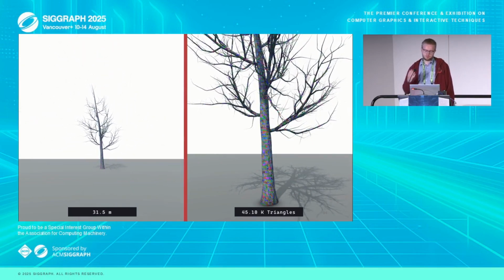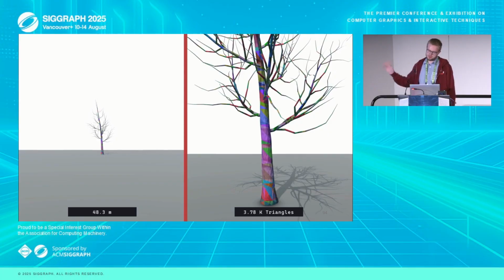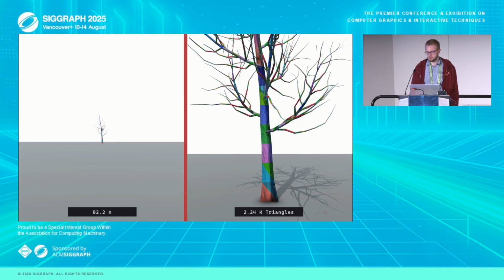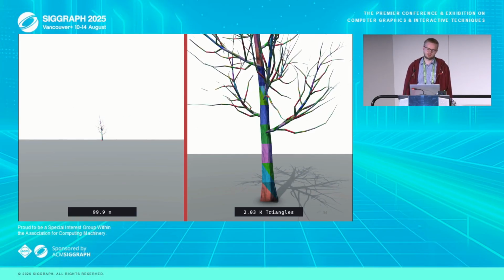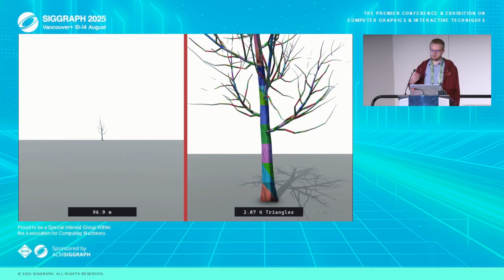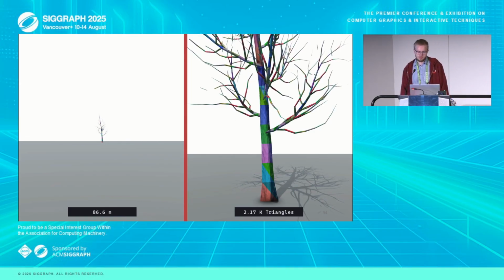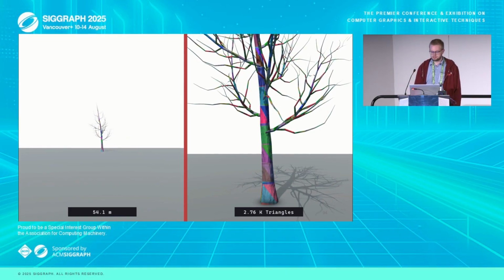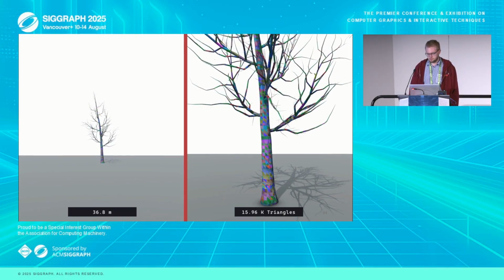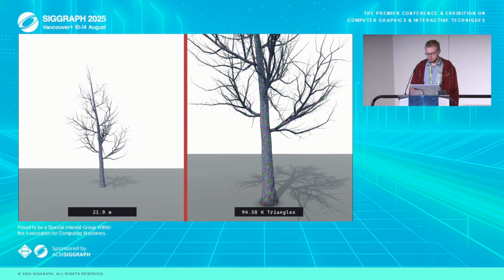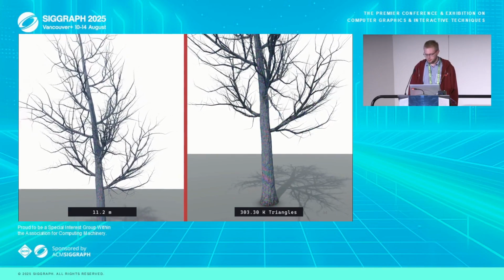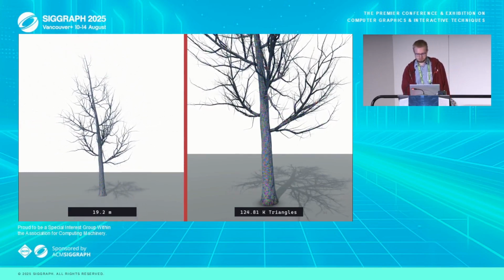On the left side, we move away, and this defines the level of detail. And here you can see the triangles disappearing. And when a branch is too thin, for example, thinner than a pixel or so, we just discard drawing it. And this is all dynamic decisions happening in one work graph. Now, as we reapproach the tree, you can see the triangles appear again. And we are back at about 350,000 triangles.